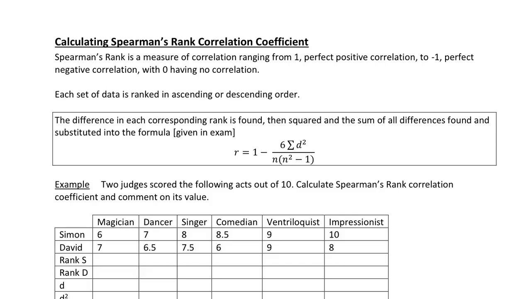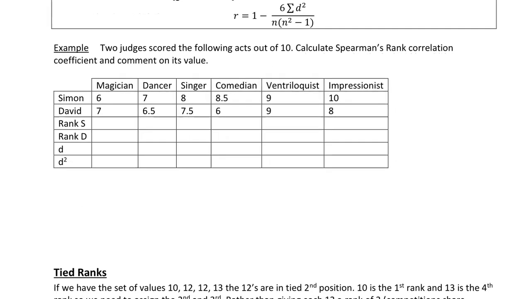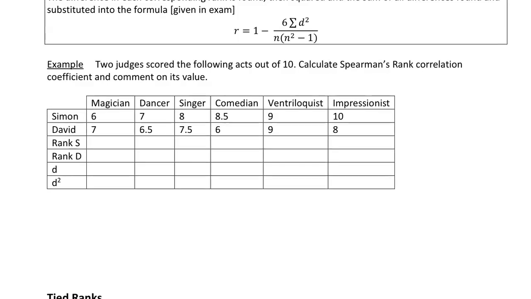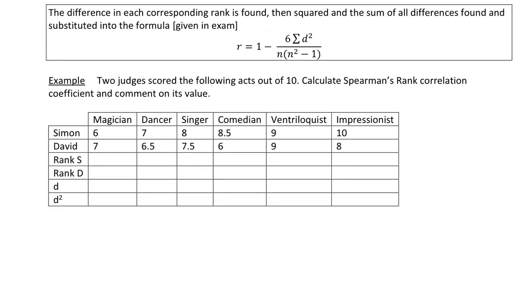R is equal to 1 minus, and then it's a fraction. Top line is 6 over sigma d squared, where d is the difference, divided by n upon n squared minus 1, where n is your number of values. Okay, we're going to do 2 examples, see how this works out. I'll leave the formula on the screen so we can see it.